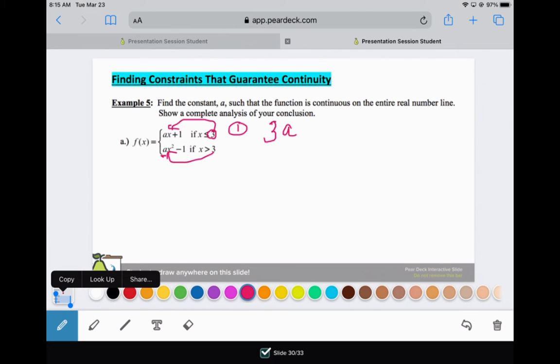So 3a plus 1 is my first function. Then I will set that equal to my second function, where I also replace the x with 3, so it's going to be 3 squared a minus 1.